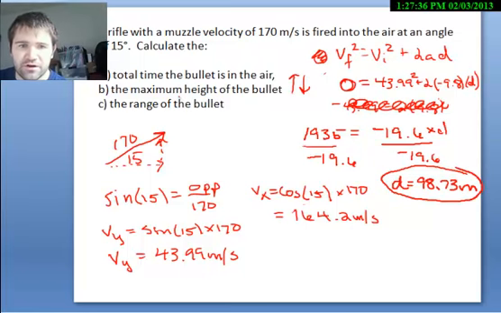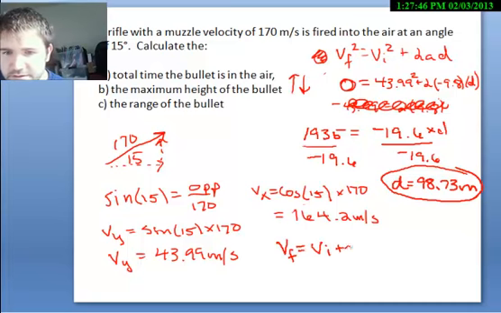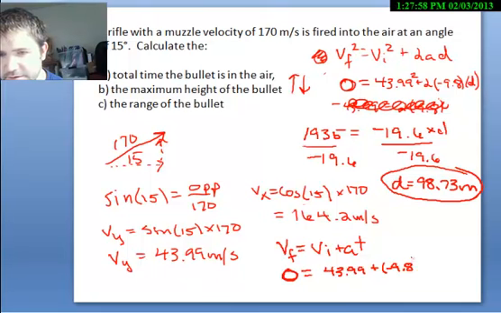How do I find the total time the bullet is in the air? Well, for that I can use the equation that says velocity final is equal to velocity initial plus acceleration times time. I know that at the top my final velocity will be equal to 0. And that will equal 43.99 plus negative 9.8 times time.